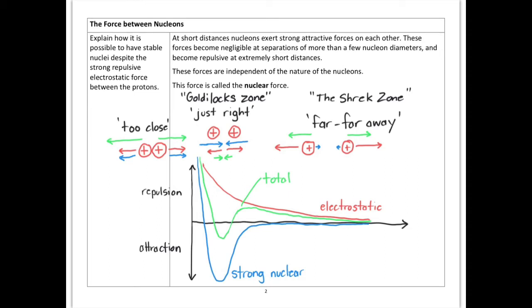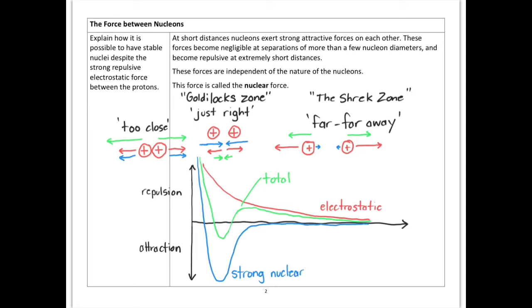And if we think about the nucleus of an atom, we have these positively charged protons all grouped together. And the laws of electrostatics said those should try and push each other apart. So if we think of a proton here and a proton here, the electrostatic force between them is trying to push them away.